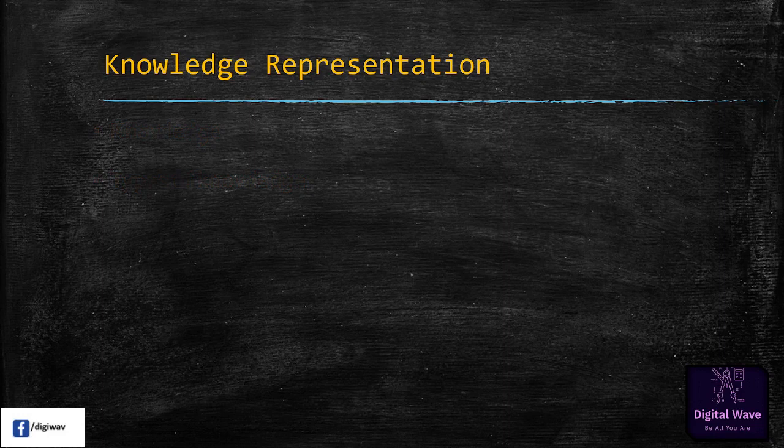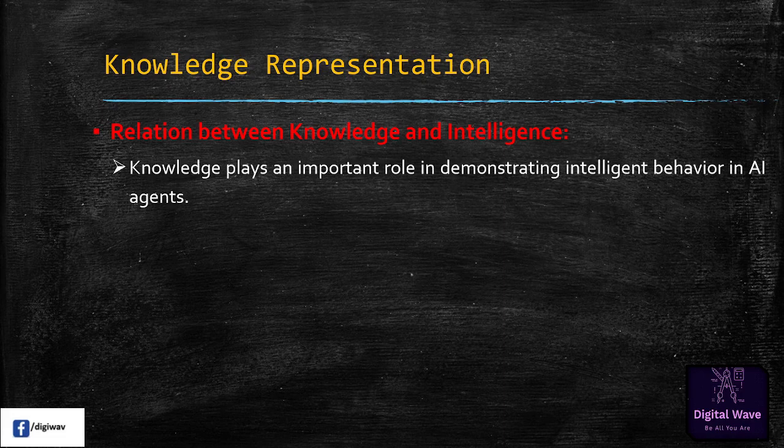Now we will see how knowledge has a relationship with intelligence. Knowledge of the real world plays a vital role in intelligence, and the same for creating artificial intelligence. Knowledge plays an important role in demonstrating intelligent behavior in AI agents.